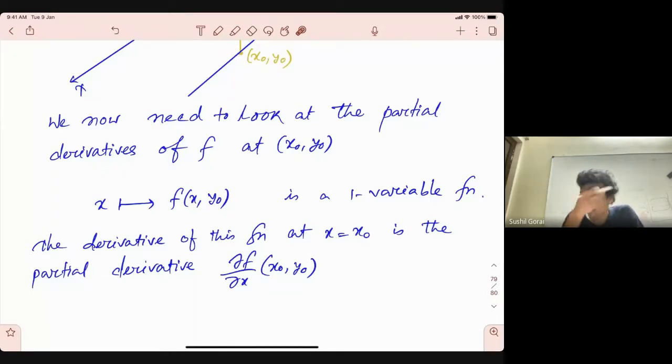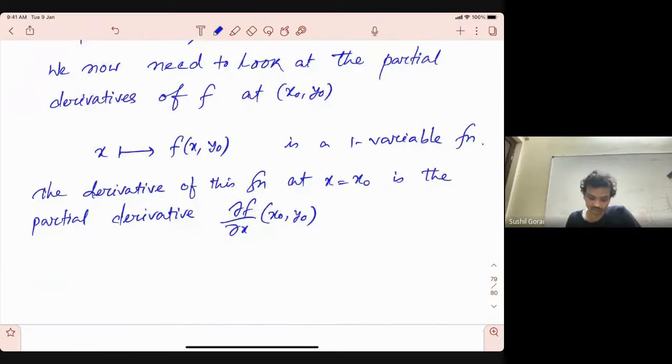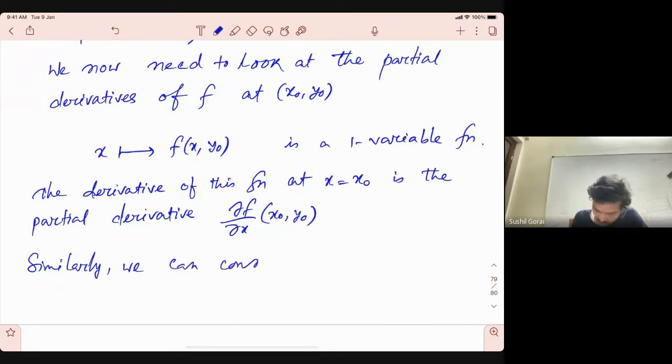All right. Similarly, one can see the function as, similarly, we can consider the function y goes to f of x naught comma y.